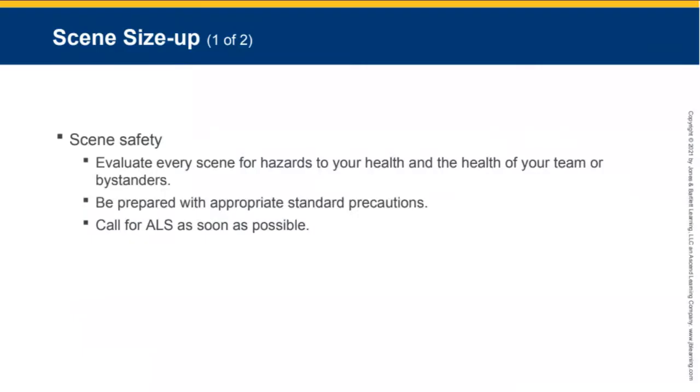Scene size up, scene safety. Evaluate every scene for hazards to your health and the health of your team or bystanders. Be prepared with appropriate standard precautions. Call for ALS as soon as possible.